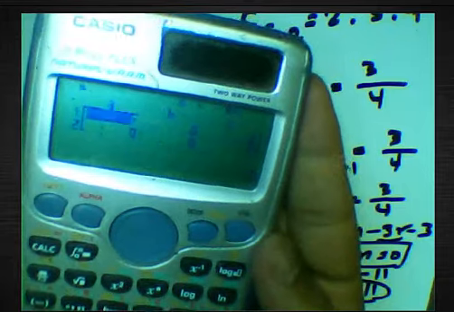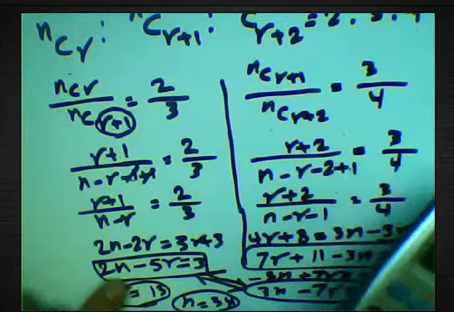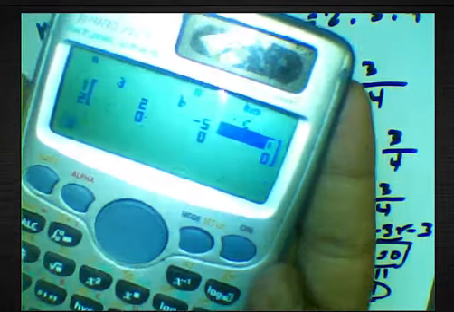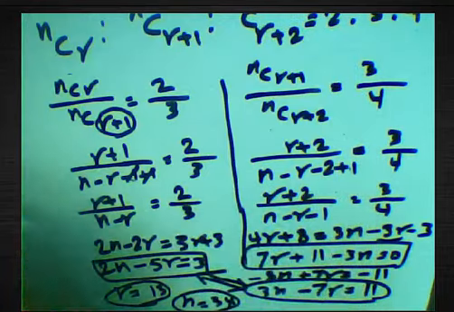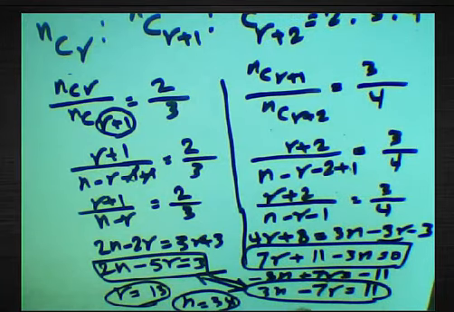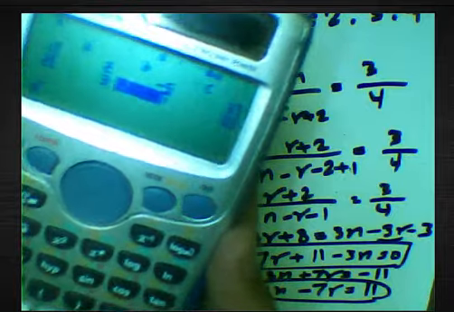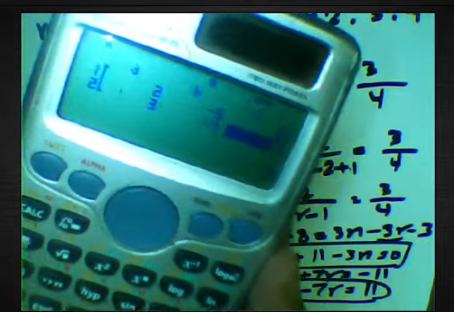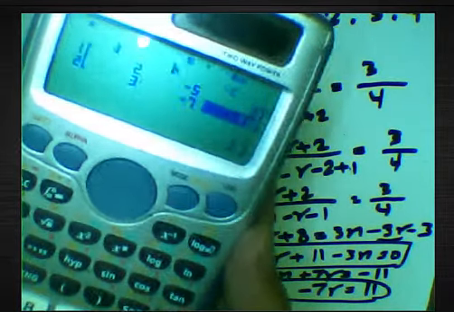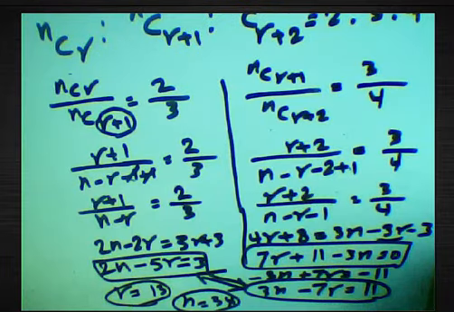Then enter 2, negative 5, 3, equals; and 3, negative 7, 11, equals. It will be n equals 34, and r equals 30. Okay.